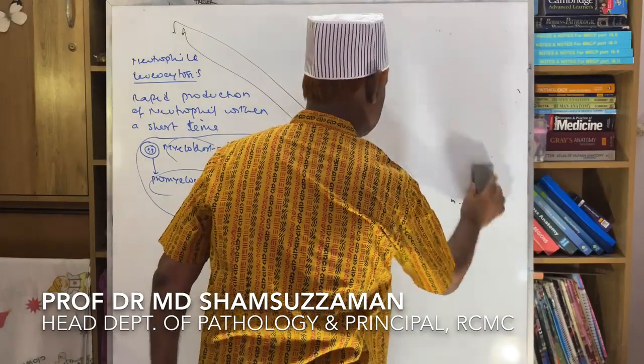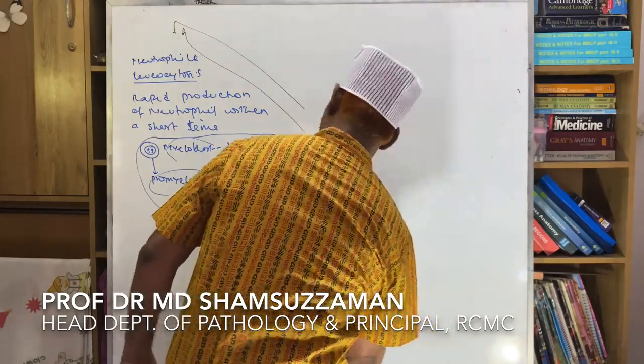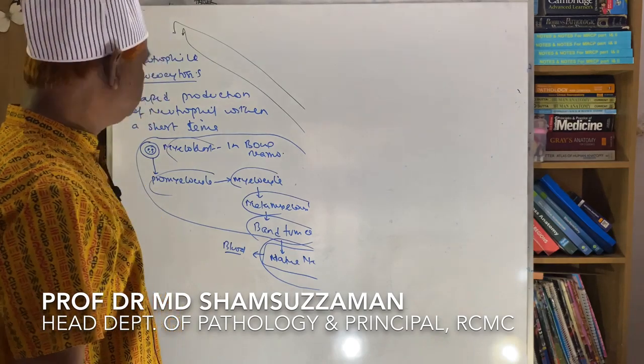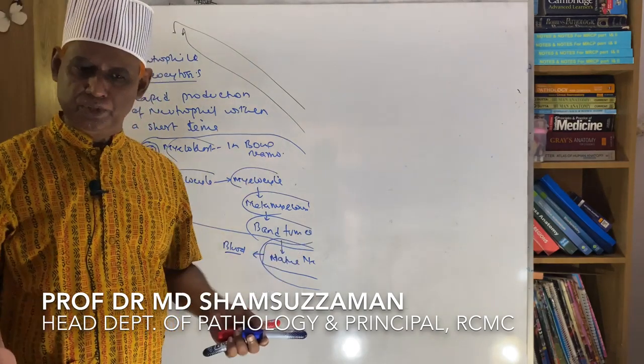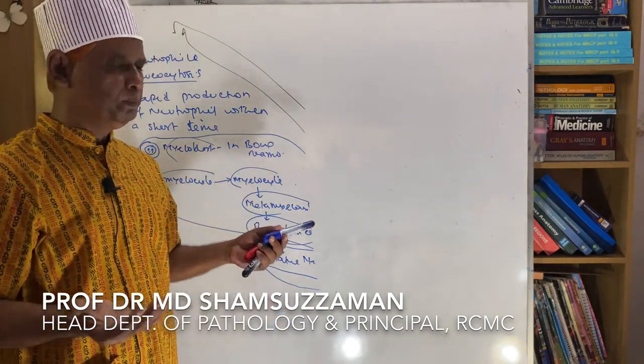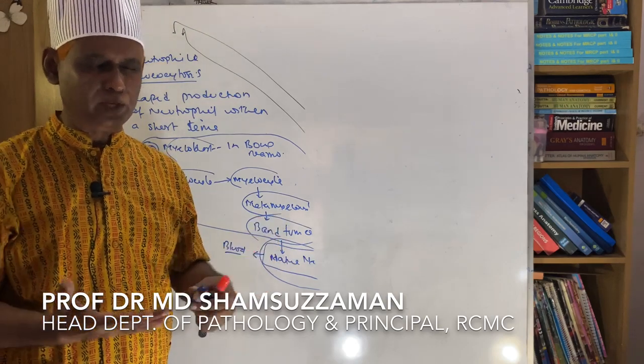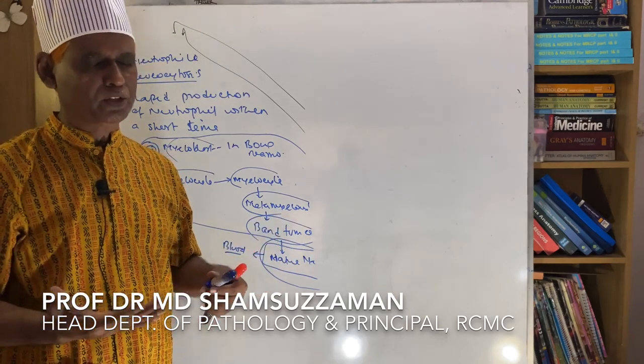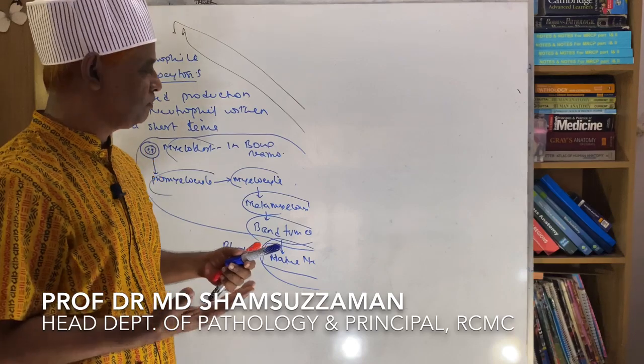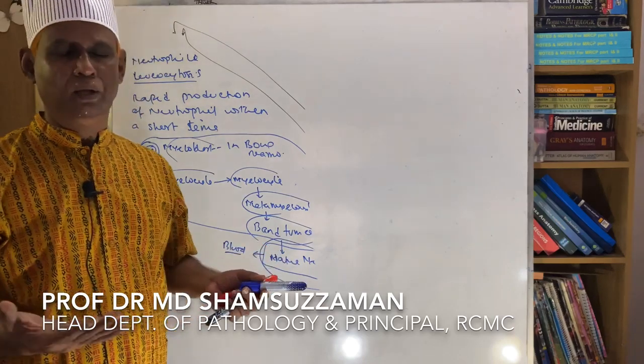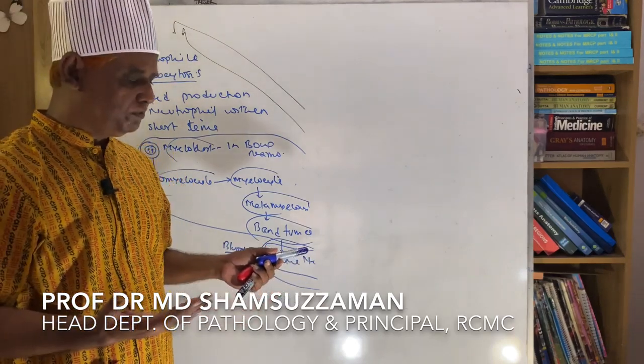Dear audience, if anybody suffers from myeloid leukemoid reaction, there will be leukocytosis in the blood picture, there will be immature cells like promyelocyte, myelocyte or myeloblast, and the patient will suffer from fever.